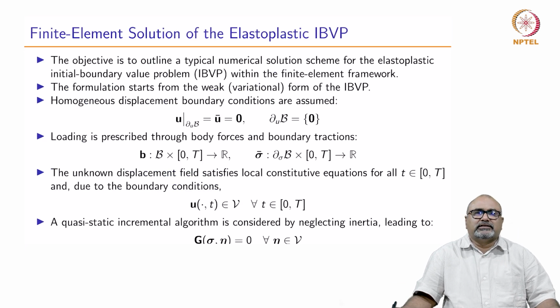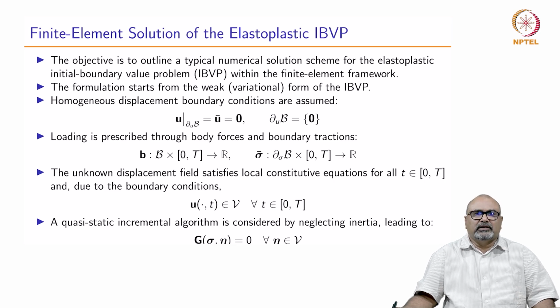First, let us discuss how to formulate the finite element formulations for elastic plastic boundary value problems. The formulation starts with a weak form or a variational form of the boundary value problem, and we are going to assume homogeneous displacement boundary conditions.